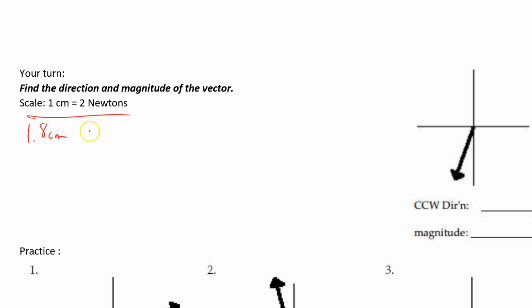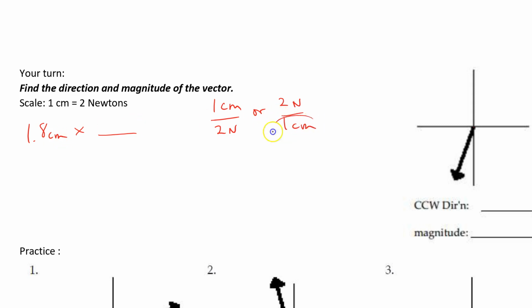So to figure out what the actual vector is supposed to be, I'm going to multiply by my scale. My scale is 1 centimeter is the same as 2 newtons. So there are 2 different conversion fractions I can make with that. I can go like this, or I could say 2 newtons over 1 centimeter. Now which one do I want to multiply by? Because I have to choose one of those two.